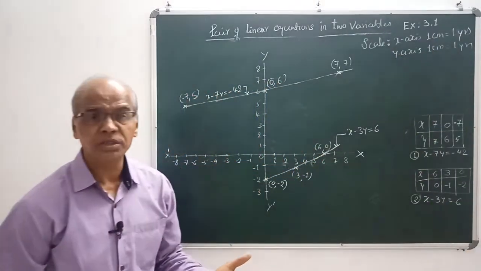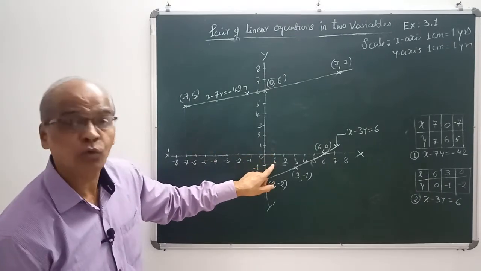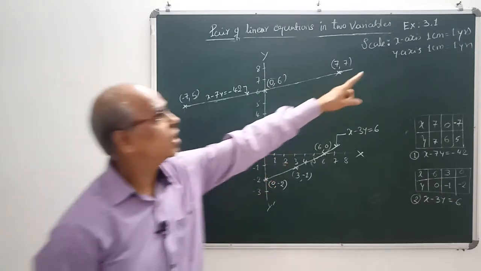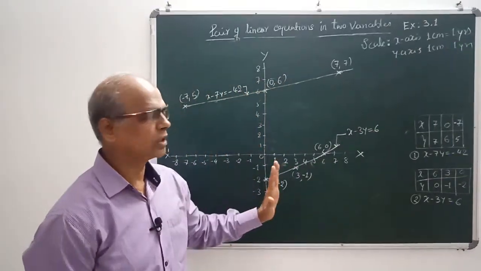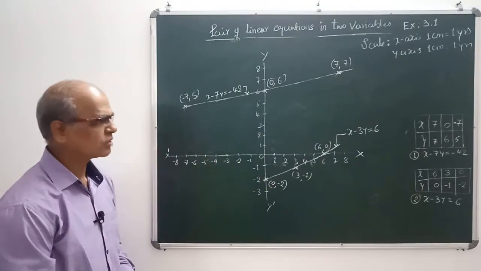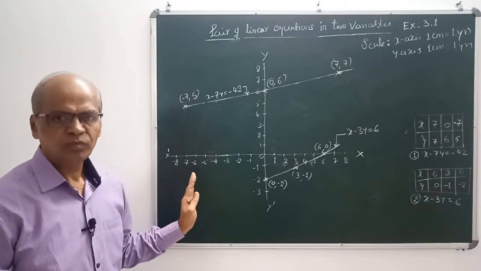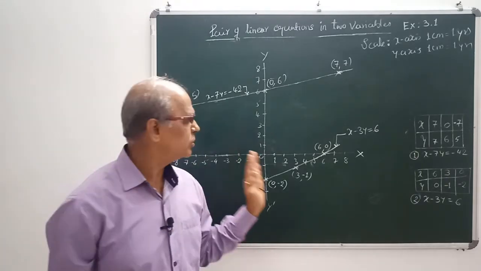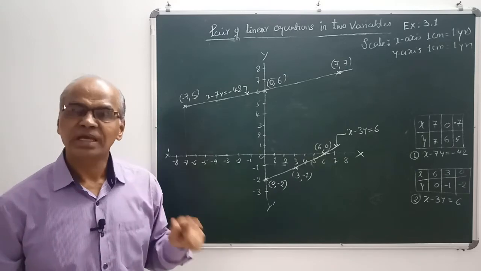Sometimes, depending on the sum, you may have to go for 1 centimeter equal to 4 years on the x-axis. Understood? So this is the representation of the graph of the first situation. Here ends the sum. Hope you have understood it. Just note the point over here. Then I go for the second situation.